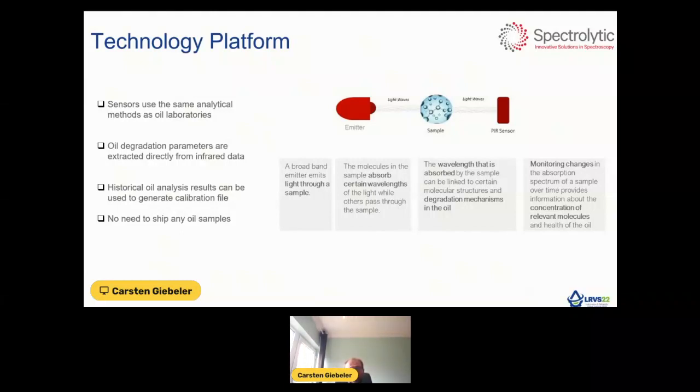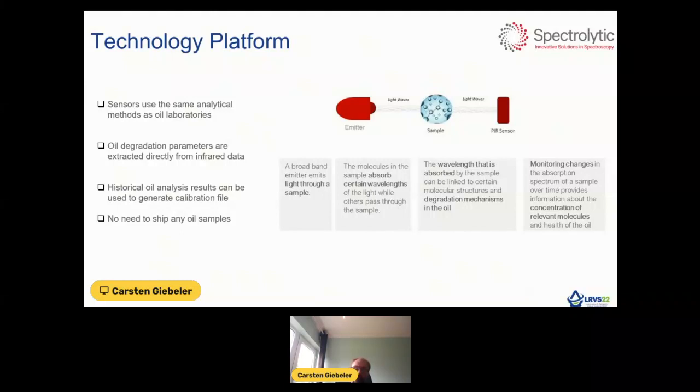Like any sensor, its working principle is relatively easy. You have an emitter that shines light through a sample, and then you have a detector that detects the signal. Obviously the devil is in the detail, how to work all this out so that you get reliable data. That's the crux, and this is what we have developed.